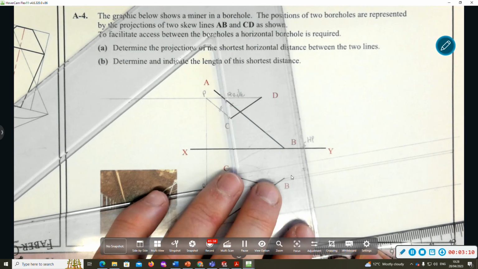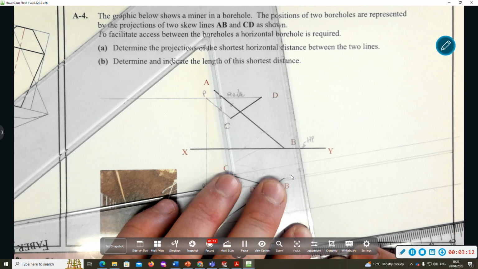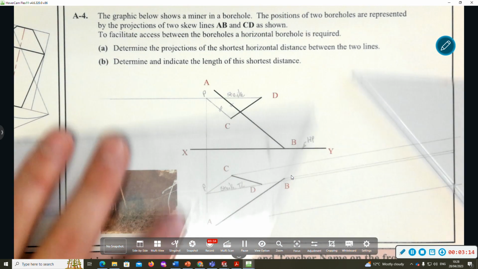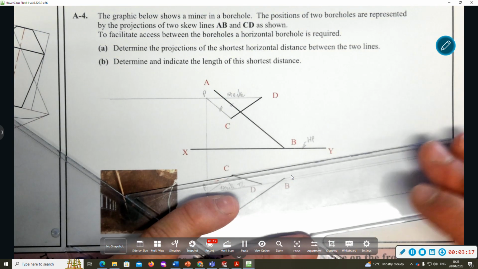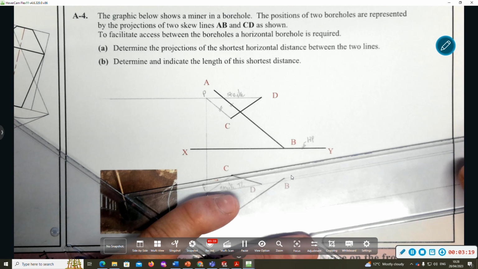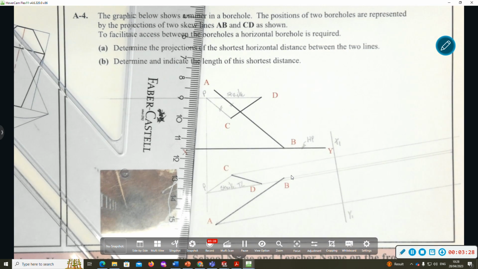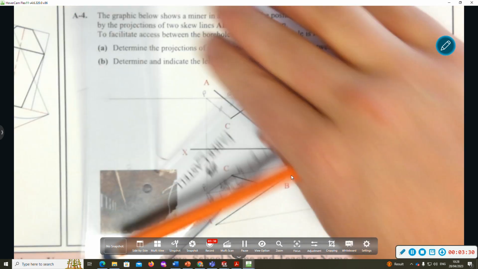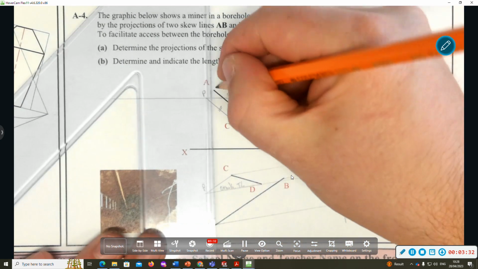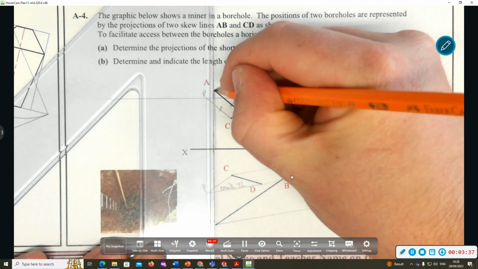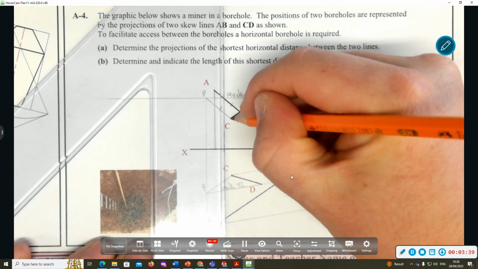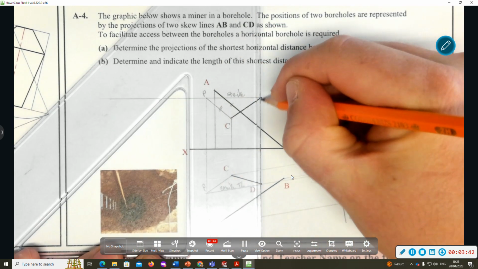So I'm going to draw in my X1, Y1 line. Sorry, I have to set them up again. So I'm drawing in my X1, Y1 line. I'm going to get my heights from elevation, so I'll be taking the heights of these from elevation.